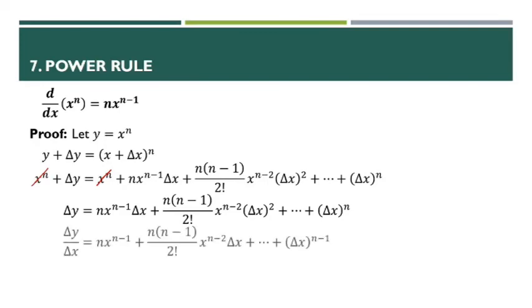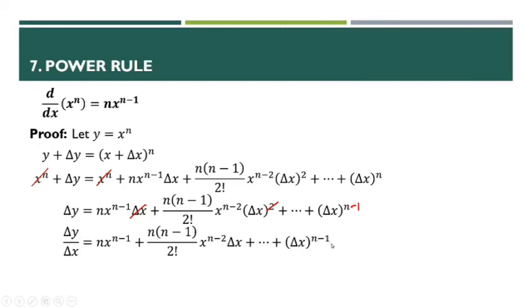Then if we divide it by delta x, maka-cancel out yung delta x. Then ito magiging raised to 1. And this one will be 1. So we have n times x raised to n minus 1 plus n times n minus 1 over 2 factorial x raised to n minus 2 delta x plus so on and so forth delta x raised to n minus 1.